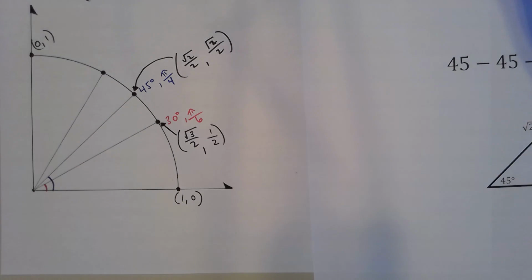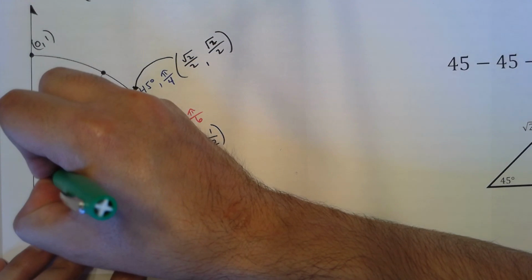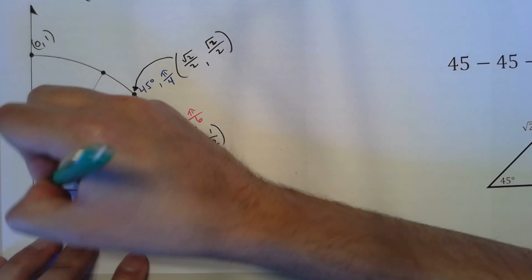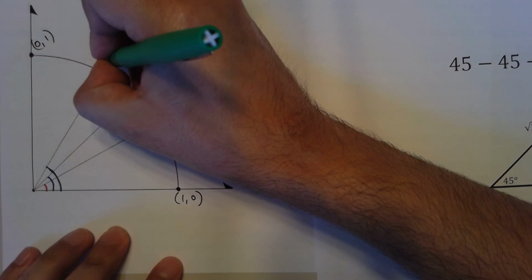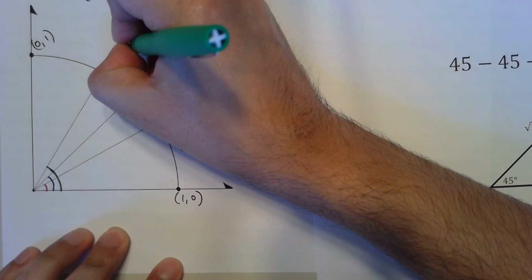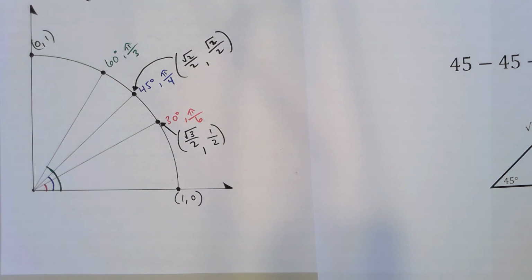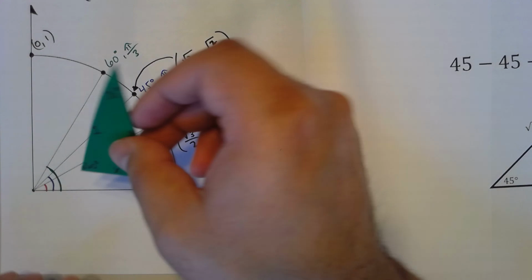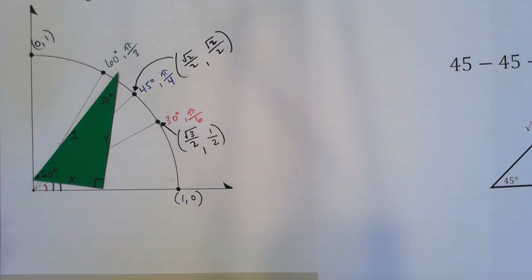And then the last angle within the first quadrant that we're going to work with is this angle right here, the green one. It's the biggest angle so far. Well, that angle is 60, which is pi over 3. It looks similar to the first angle that we saw. The only difference is it's kind of turned over.